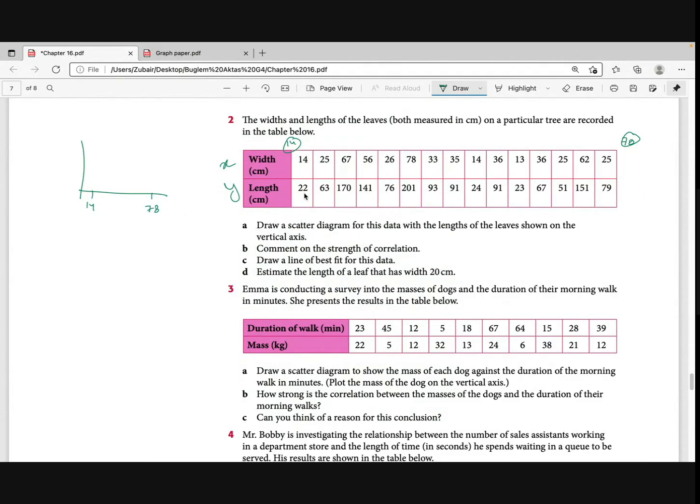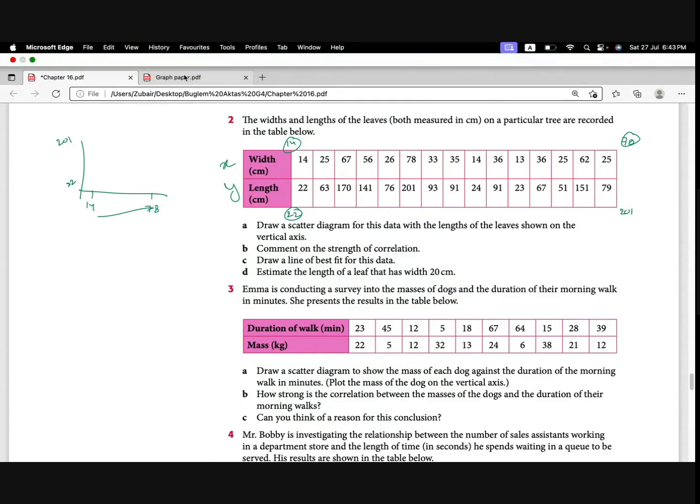For the y-axis, 22 is the smallest value, and 201 is the highest value, from 22 to 201. Now I roughly know I have to fit in somehow 80 on the x-axis and 200 or 210 on the y-axis.